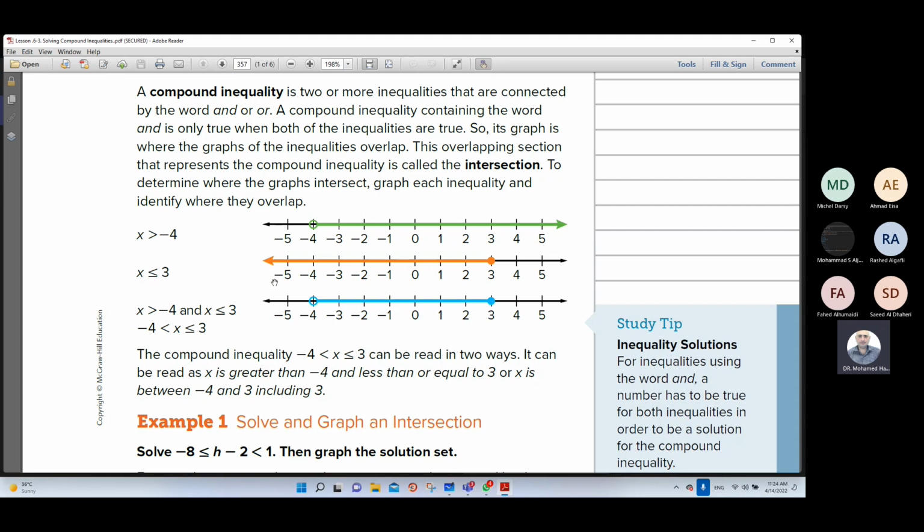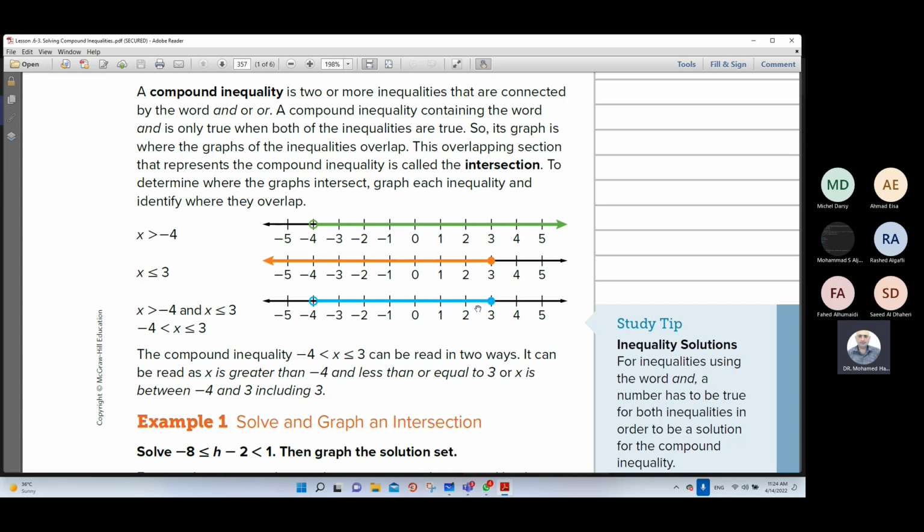So what is the common solution between the two inequalities, the compound inequality? As you see, we can intersect the two solutions. We can draw a number line, represent the first value, -4, and the second value, and the common solution is between the two values.